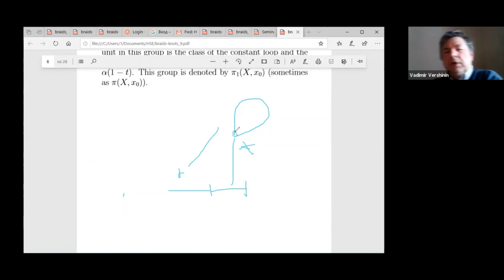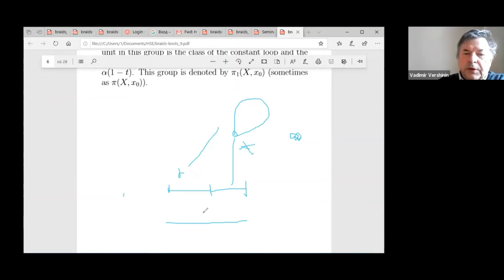And if we define as the neutral element the loop which is always constant, then this, which is half alpha, half constant, as a product of loops, is not equal to alpha, but up to homotopy it is.